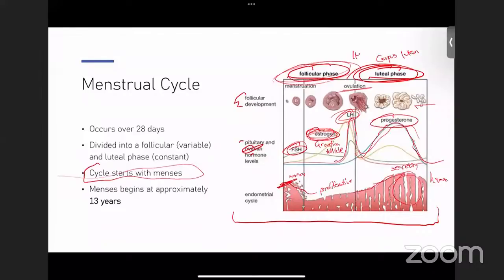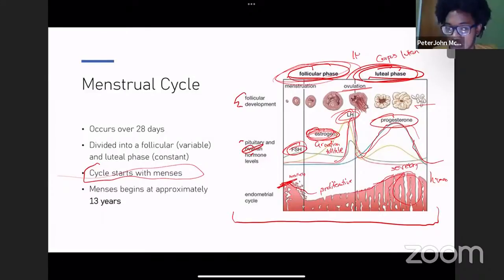After which, what's the function of estrogen? I know one function off the top of my head, and it's to stimulate the growth of the uterus lining. That's another function. Development of secondary sexual characteristics.